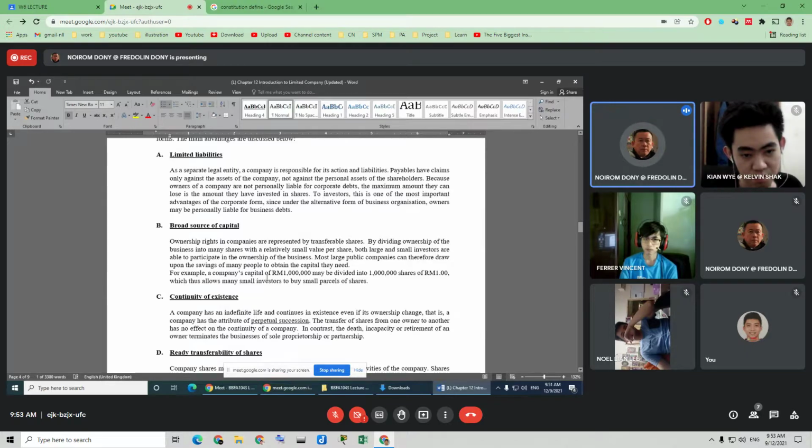For example, a company's capital of 1 million may be divided into 1 million shares at 1 ringgit each. This does allow many small investors to buy small parcels of shares. So that is the meaning of broad source of capital. If you ask one individual to buy shares worth 1 million ringgit, it's quite impossible, isn't it?